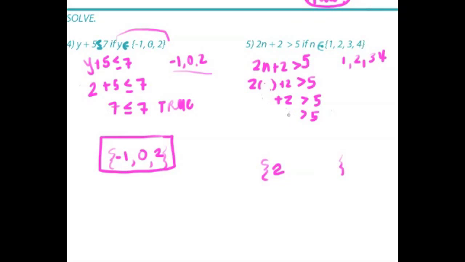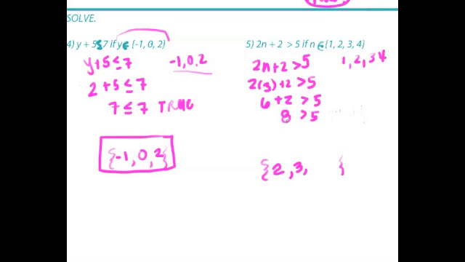Here we go with 3. If I plug in a 3 there, 2 times 3 is 6. 6 plus 2 is 8. Is 8 greater than 5? It sure is, so I can definitely put 3 in there. And here we go, last one. You try by yourself.